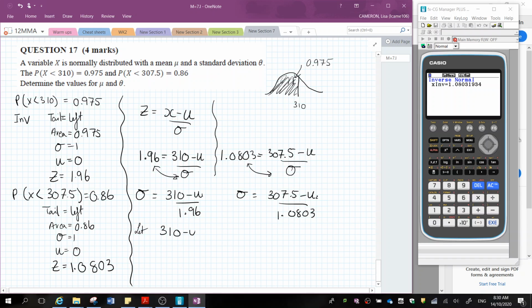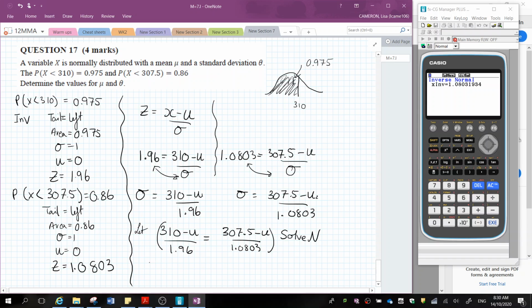So 310 minus u over 1.96 is equal to 307.5 minus u over 1.0803. Now, in my calculator, I'm going to use solve n to do this.